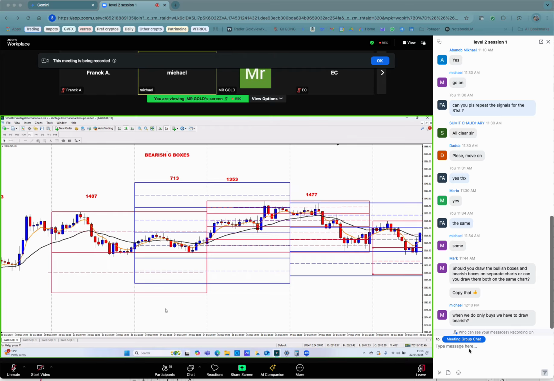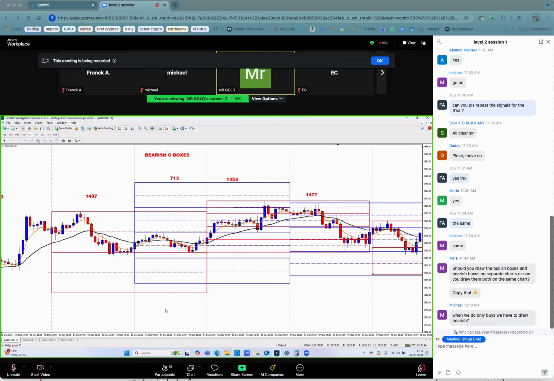Another one before I close: how many charts do you use when you're trading? I mean, we have one for the gold turns, one for the bullish G boxes, one for the bearish G boxes. So let me explain. Your first chart is going to have your range breaker for the buy, range breaker for the sell, G lock for the buy, G lock for the sell.